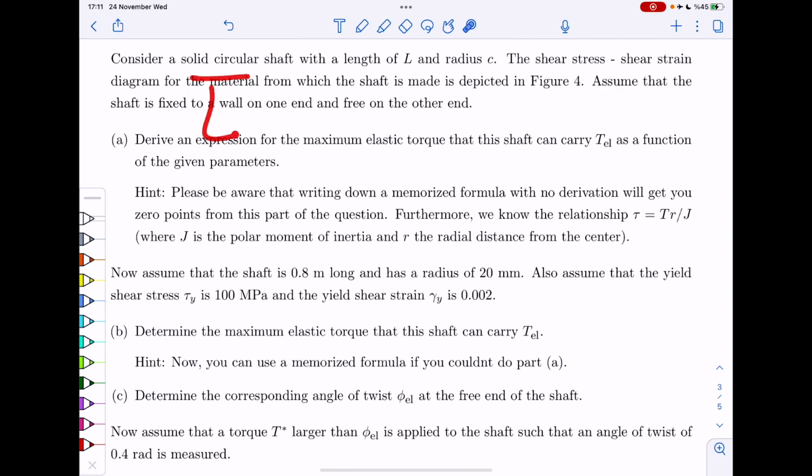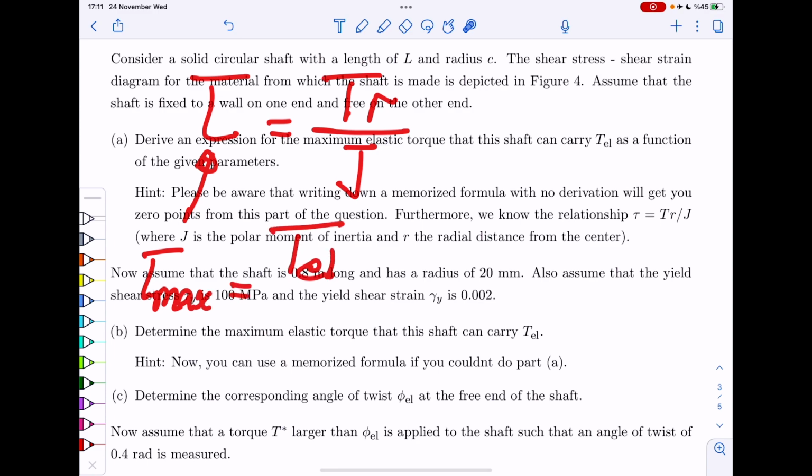If tau is equal to TR over J, then tau max, which is your yield stress, would be T elastic times C divided by J, because we know that's the maximum T you can apply and it's elastic. So that becomes your relationship.